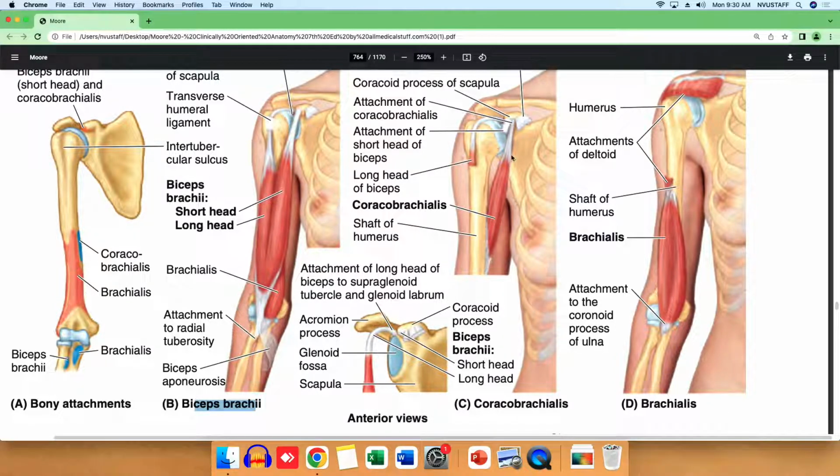You can find here the part of the coracobrachialis, which is making the attachment to the coracoid process of the scapula, as well as the medial surface of the middle third of the humerus. So sure, this muscle won't have any connection with the flexion of the forearm at the elbow joint, but in this case we do have some flexion and some adduction of the arm.